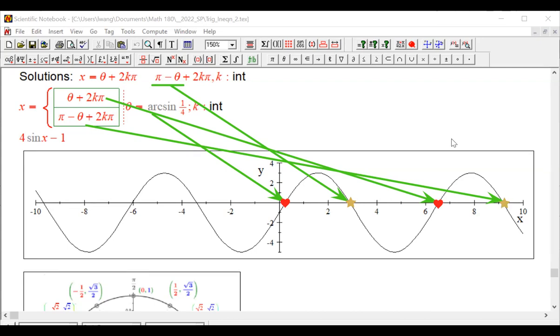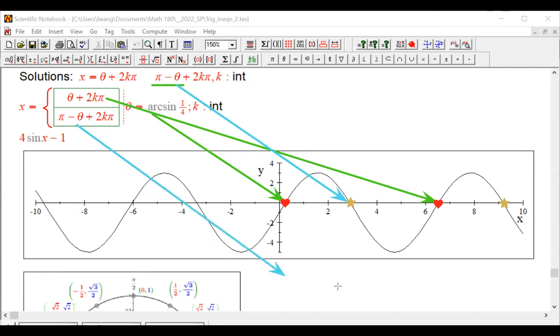Now, let me remove some stuff. This will be clearer, right? This is theta plus 2 pi. Okay, so let me change the color. Theta plus pi minus theta is this piece. Okay, pi minus theta plus 2 pi is this piece.